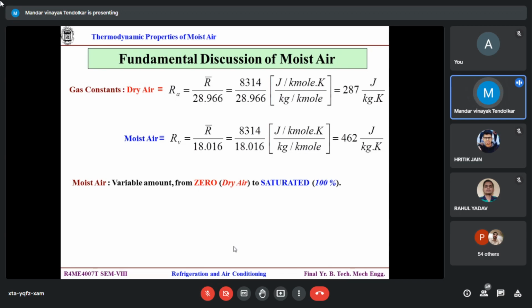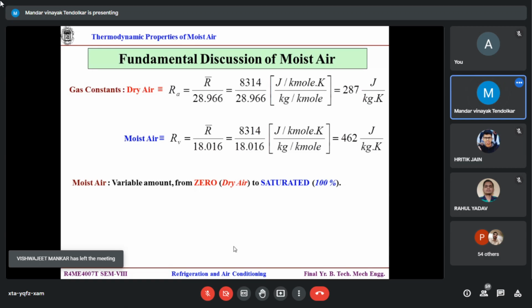But here the main thing to be considered is that this is not 100% steam. Try to understand this. Very, very important. 100% steam does not mean that it is moist air. There is another concept called the saturation capacity.